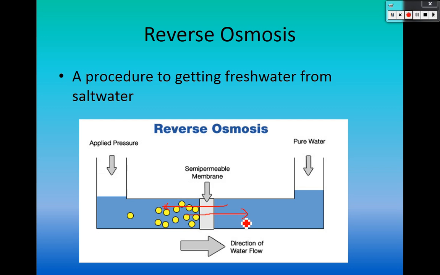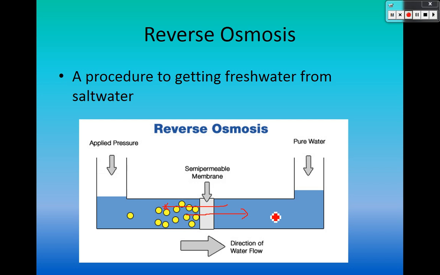The other thing it does is it leaves behind this salty brine. So you end up with a very, very concentrated salt solution. The more water you force through, the more energy you need to force water through. So essentially, the more salty this becomes, the harder it is to get the water through. So at some point, you have this salty brine.